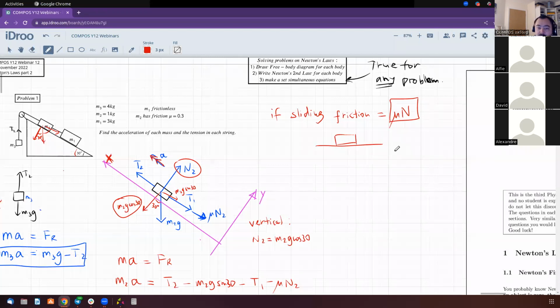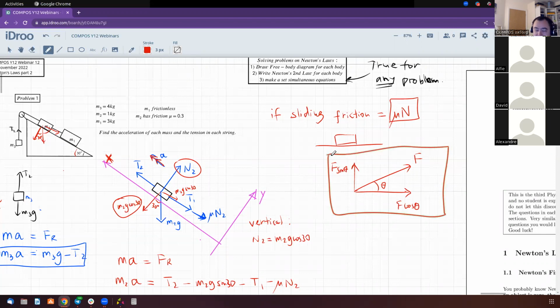Which component is sine or cos? Well, if you have a force and an angle, the component next to it, the adjacent component, is F cos theta, and the other component is F sine theta. I urge you to memorize this because this is so important that this was the first assignment.